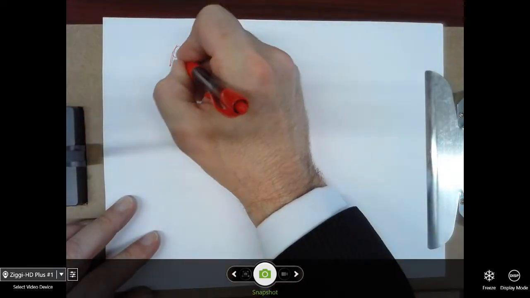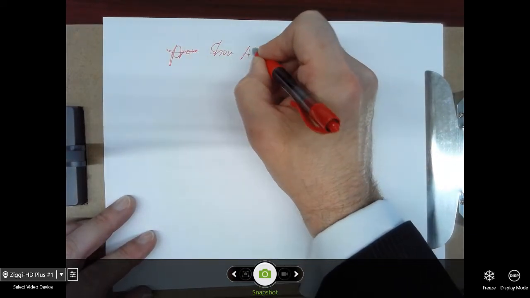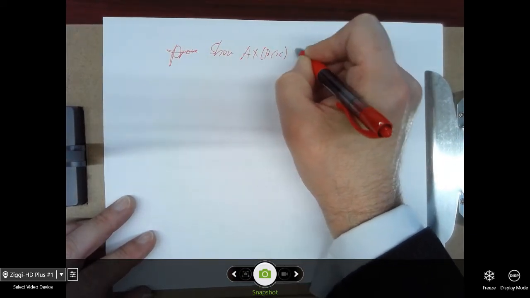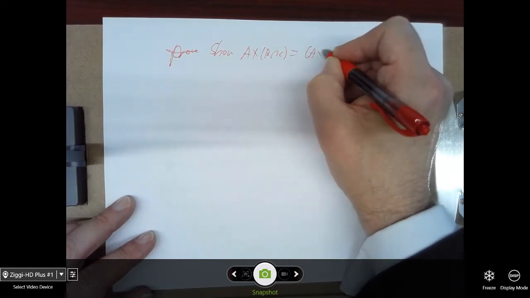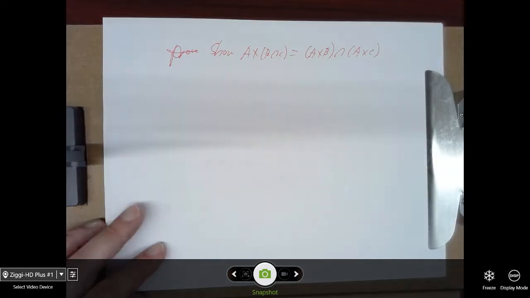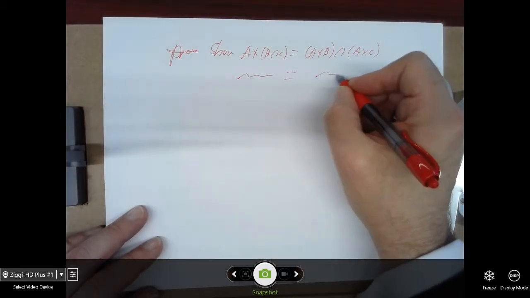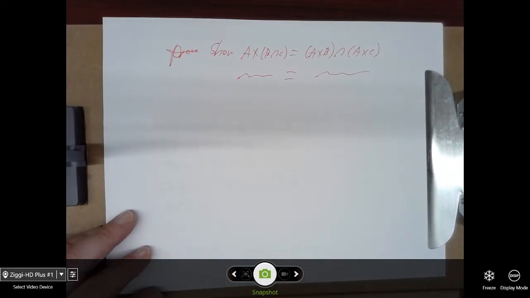So prove, or let's say show, A cross B intersect C equals A cross B intersect A cross C. If you start writing stuff over here equals stuff over here, you've got to be a little careful with that.